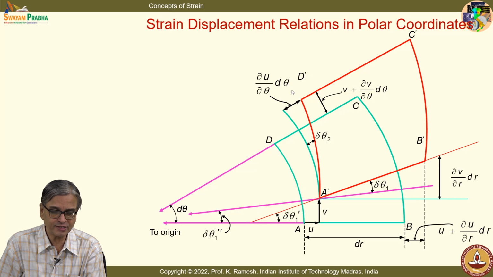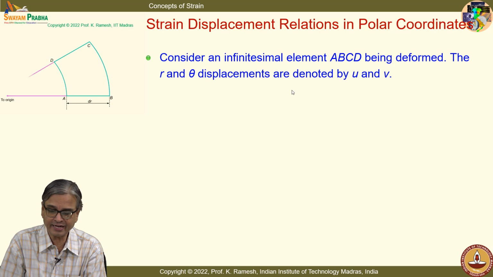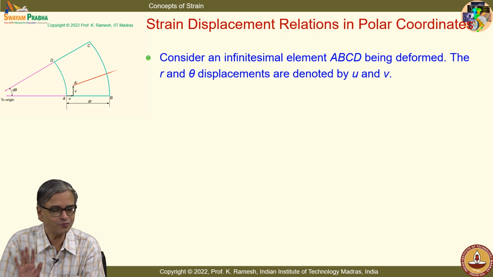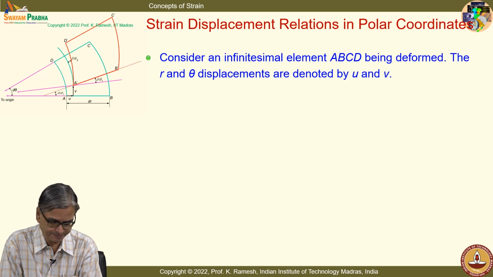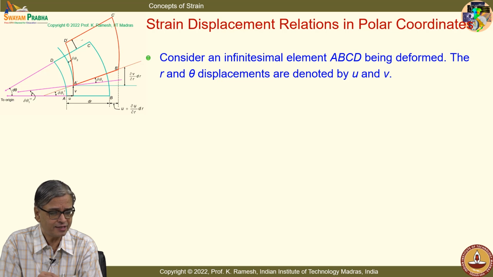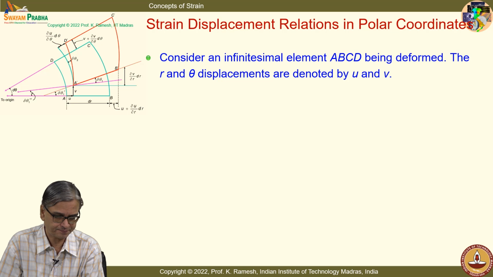So what I am going to do is find the normal and shear strain. Here again I have the animation. Just watch how the diagram is drawn and how the quantities are denoted. Even if you have missed some idea, you get clarity from the way the diagram is drawn.